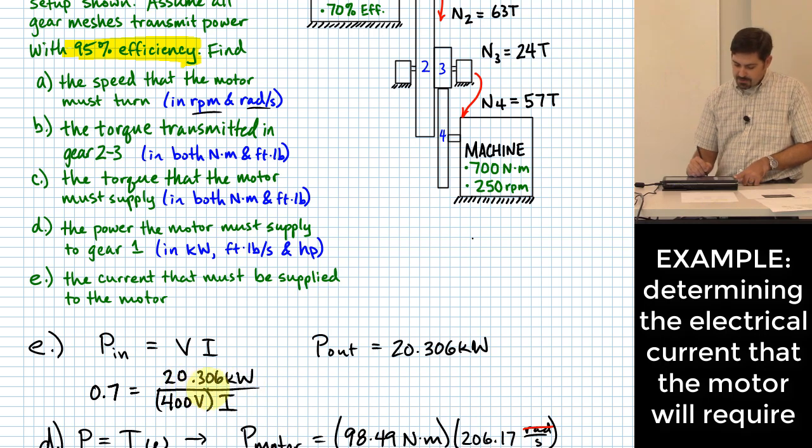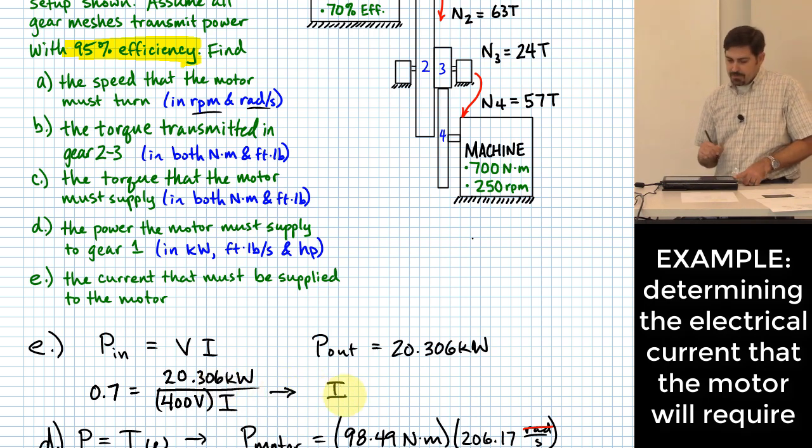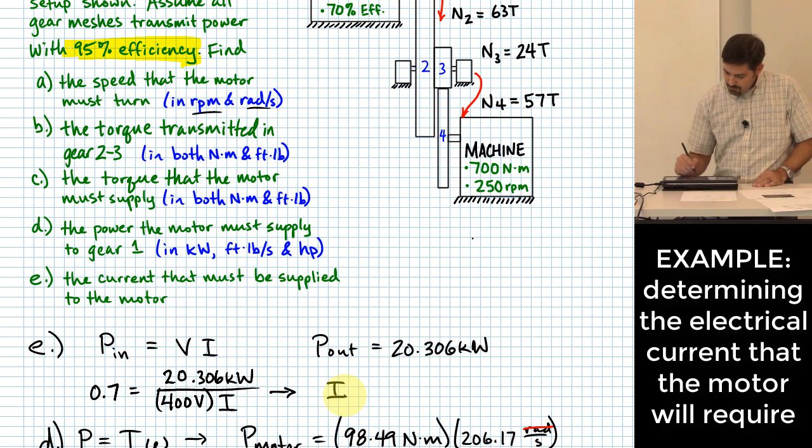That's actually 20,306 watts. But when you plug this in, you'll end up getting an I value that is going to be 72.52 amps.